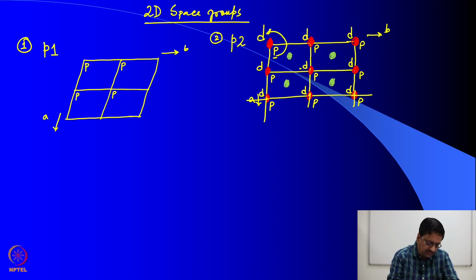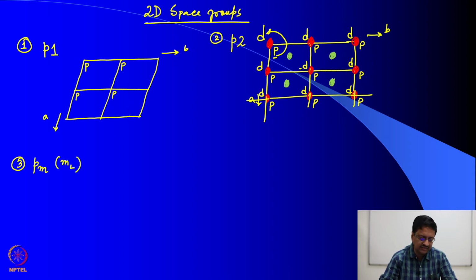Then what happens if we have the third one, which we write as PM? By now you should understand that this M means a mirror plane, and this mirror can be a longitudinal mirror or a transverse mirror. So in general, we apply this as a longitudinal mirror to start with.